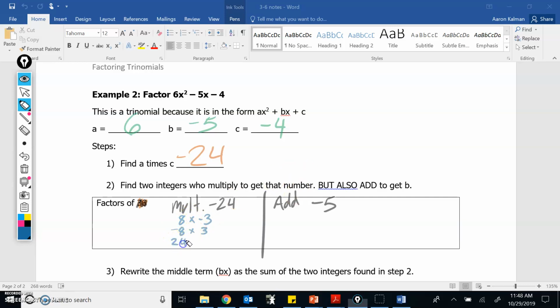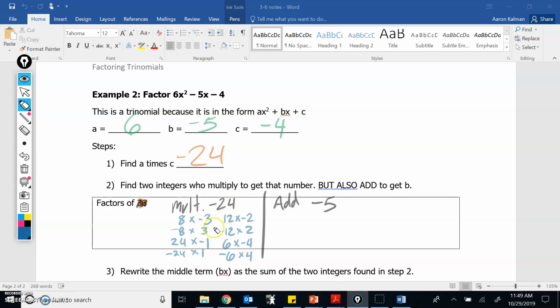We do 24 times negative 1, negative 24 times positive 1. We can do 12 times negative 2, negative 12 times positive 2. We already did 3 times 8, so let's check the 6 tables. We can do 6 times negative 4, and also negative 6 times positive 4.